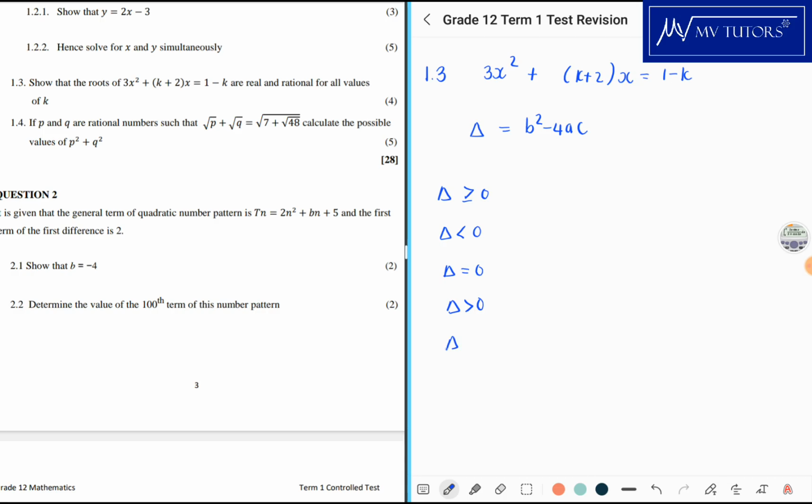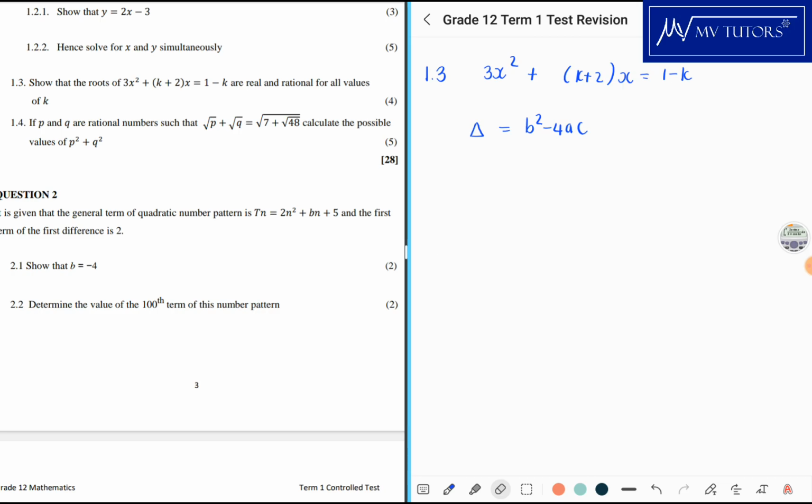And if the discriminant is the square of a rational number, where we represent rational with a Q, then the roots are rational. If the discriminant is not the square of a rational number, then the roots are irrational. That was a quick reminder of the nature of roots.